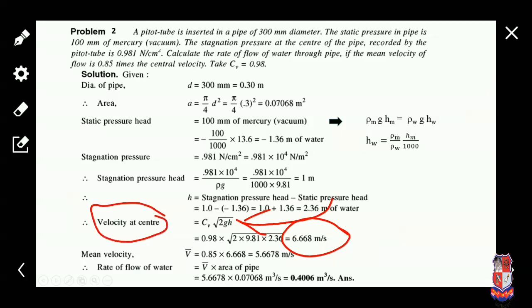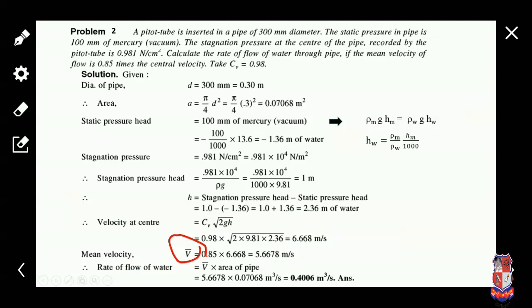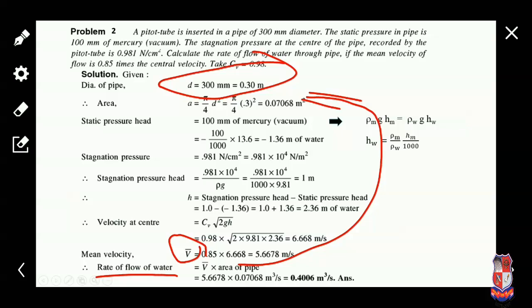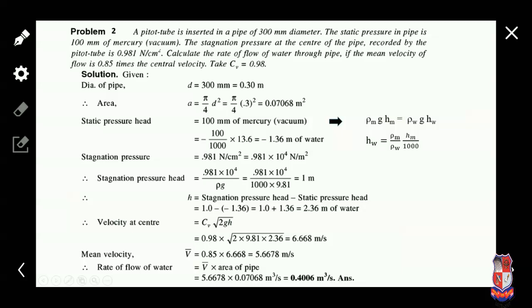From the center velocity we can find the mean velocity, v bar, which is 5.6678 meters per second, and from the mean velocity we find the rate of flow or discharge of water: mean velocity times area of pipe. The area of the pipe we find from the diameter, pi by 4 d square, because it's a circular section. So finally we get the discharge, 0.4006 meter cube per second.